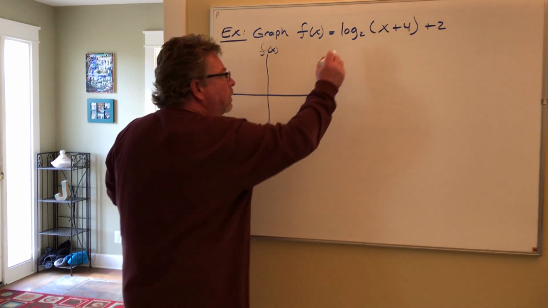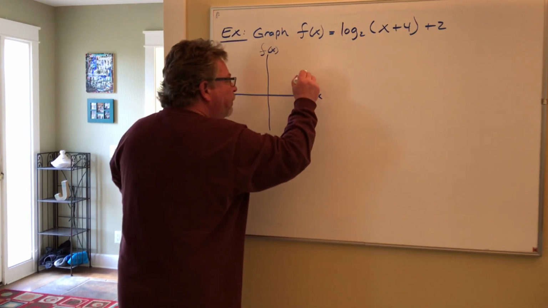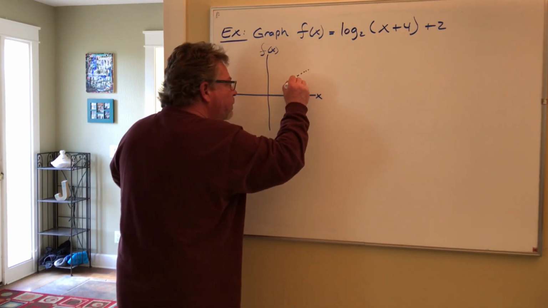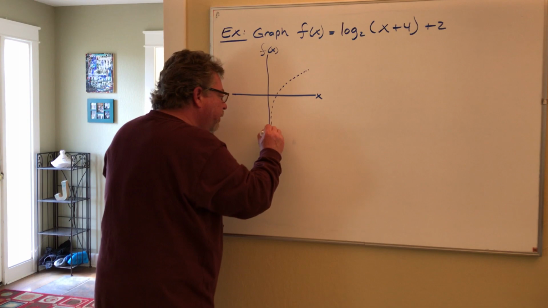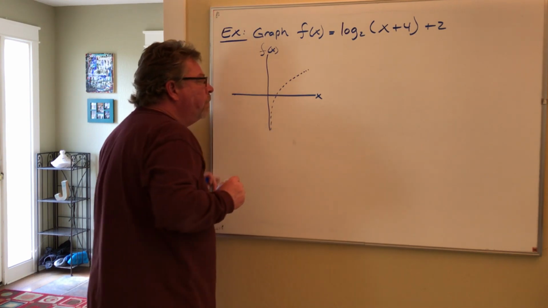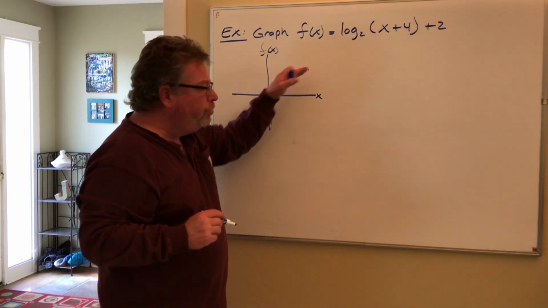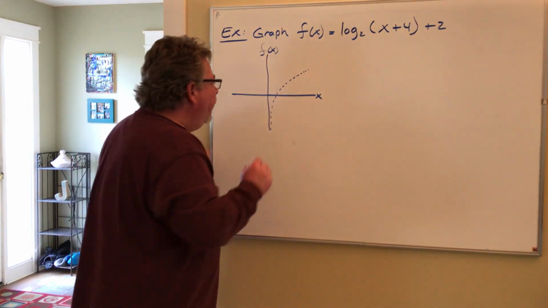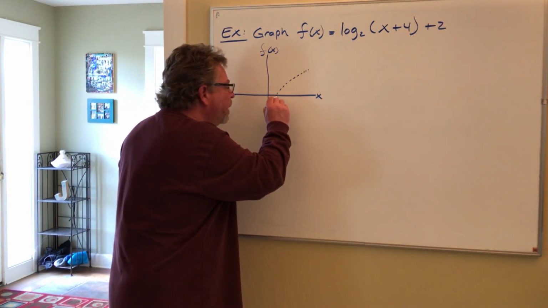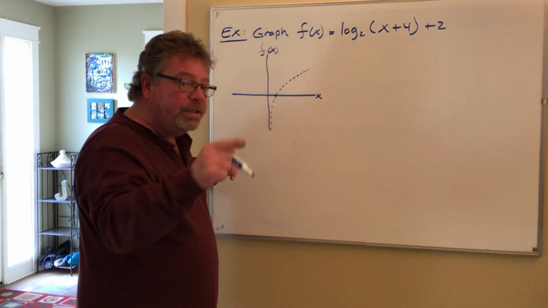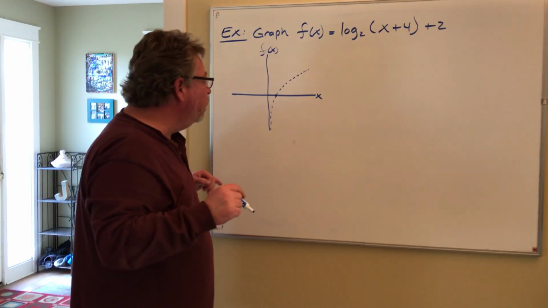So the log base 2 graph is sitting in here like this. I'll do it in a dashed format. And we know that it's a strictly increasing function. It has an x-intercept right there at (1, 0).